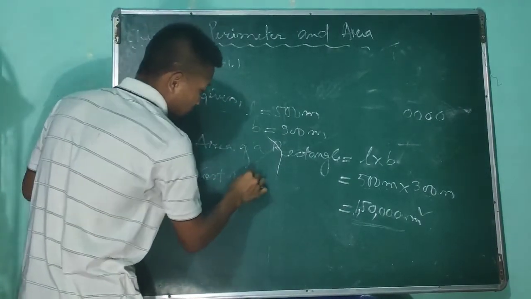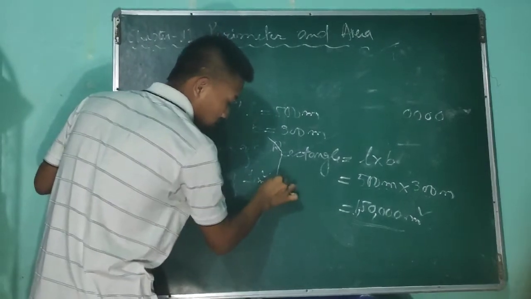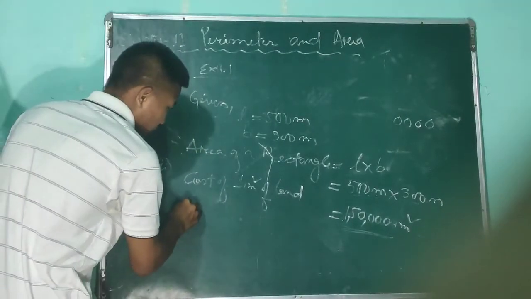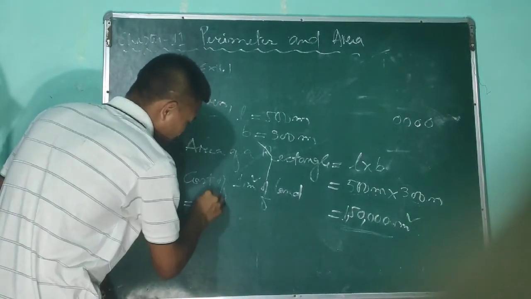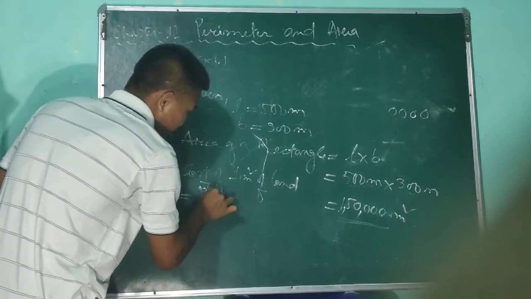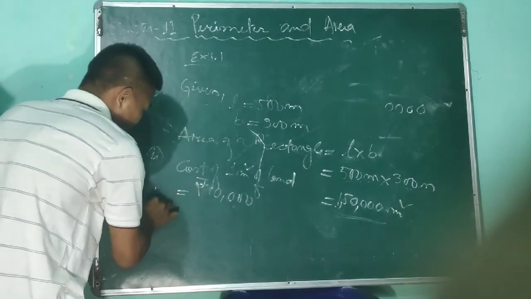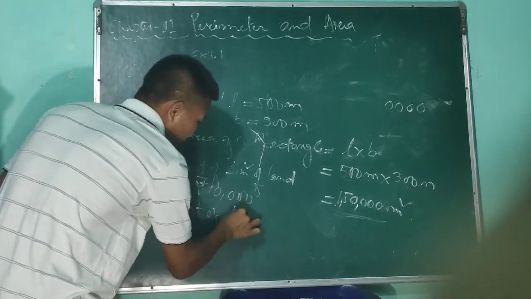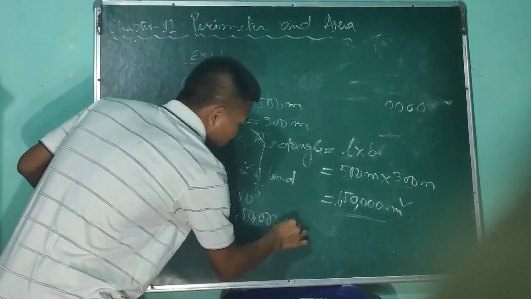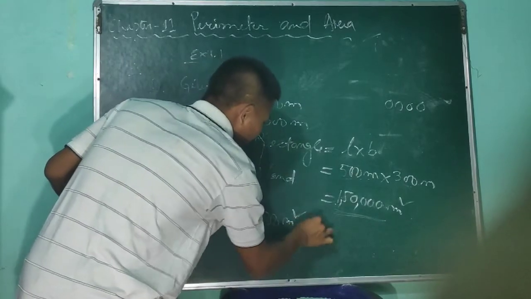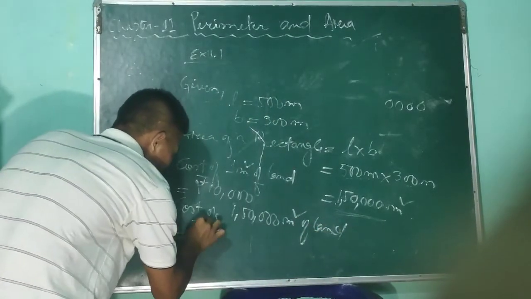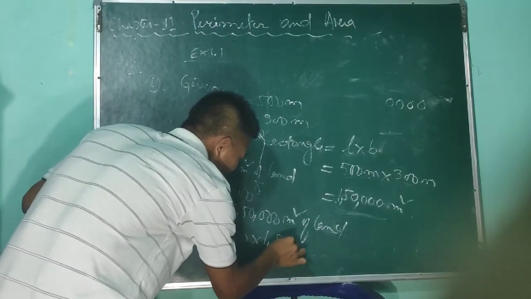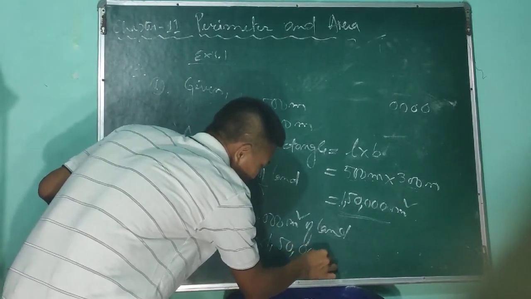Cost of 1 square meter of land is equal to rupees 10,000. Then cost of 1,50,000 square meter of land will be equal to rupees 10,000 into 1,50,000.